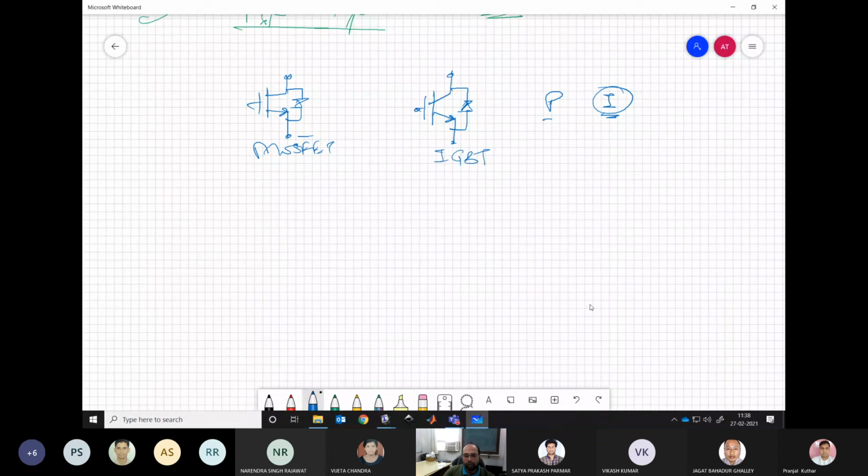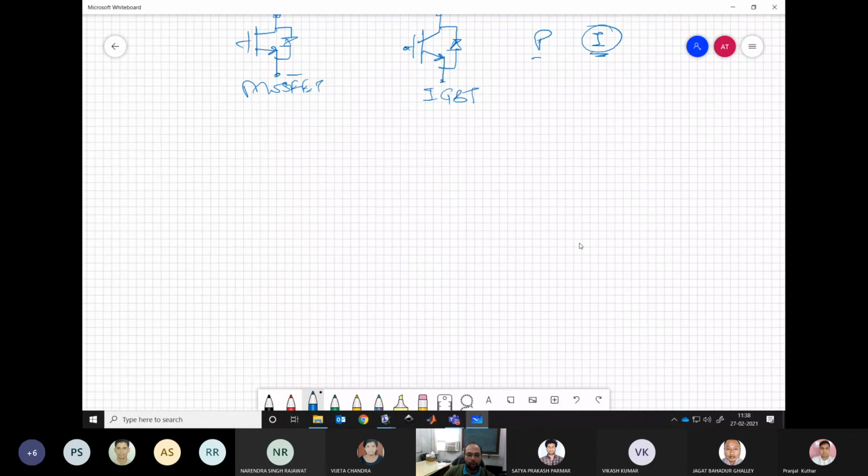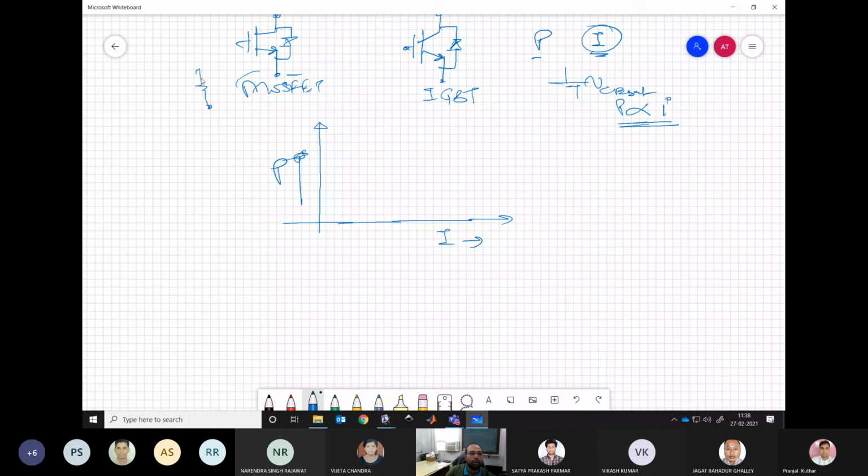If we plot the power loss in the devices with respect to the current flowing through the devices, we know that the IGBT is like VCE sat. So the power loss is proportional to the current flowing. Whereas here, this is like a resistance. So the power loss is proportional to I square.